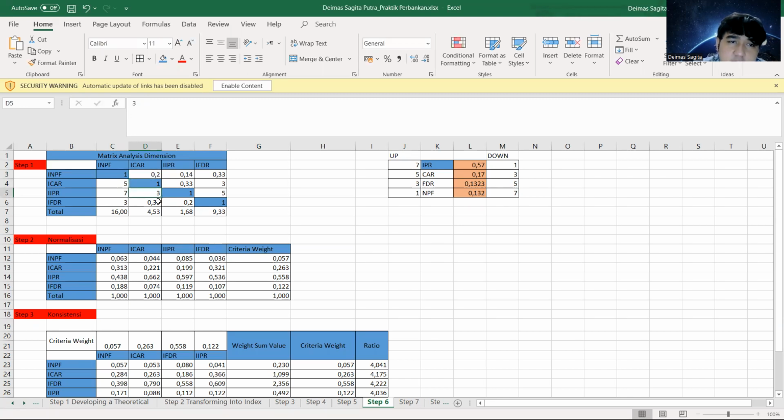So like this, IPR and ICAR, so it means it's down. So the value is 3. The FDR and ICAR, so it means it's up.